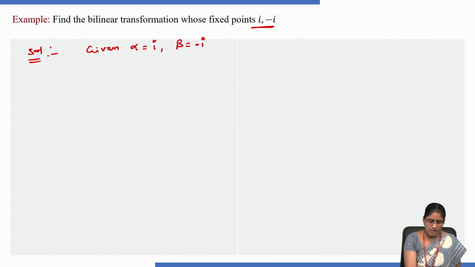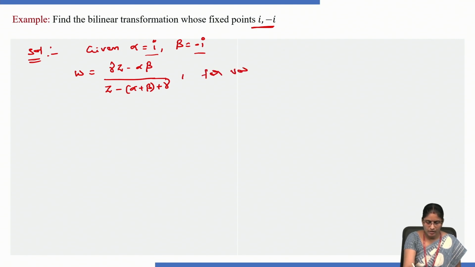If two fixed points are given, the bilinear transformation formula is w is equal to (gamma z minus alpha beta) by (z minus (alpha plus beta) plus gamma). In place of alpha and beta, substitute i and minus i.